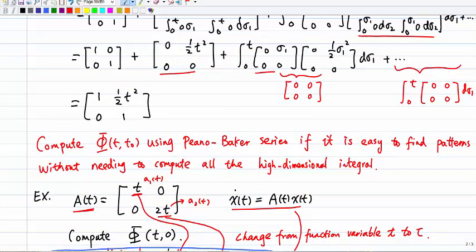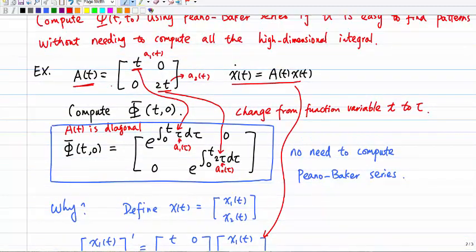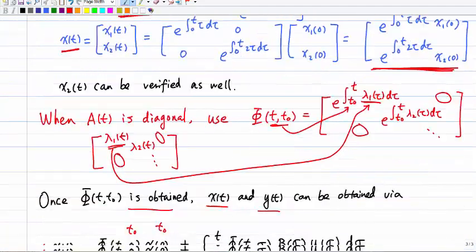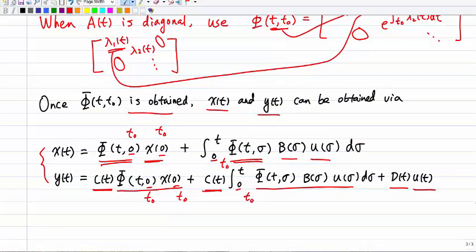Otherwise, we probably couldn't find an analytical, exact solution. Or, if my matrix A(t) is diagonal, then we can find the transition matrix in this way, and then we can find a solution to the linear time-varying system.